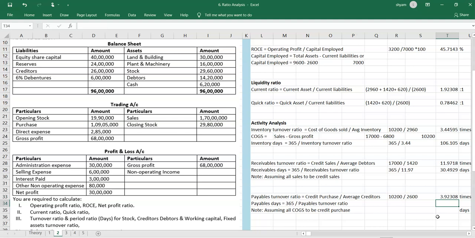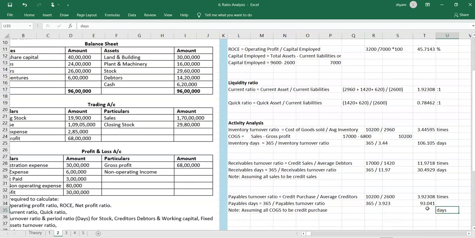So we got our turnover. So we got the answer. It is 93 days.